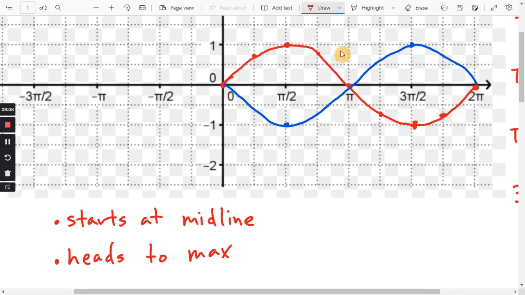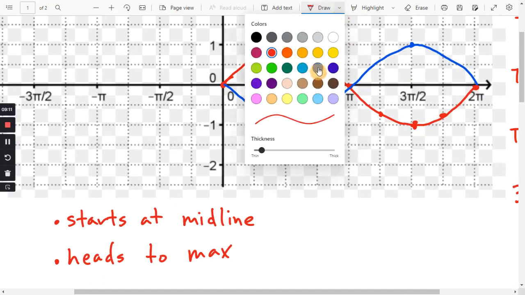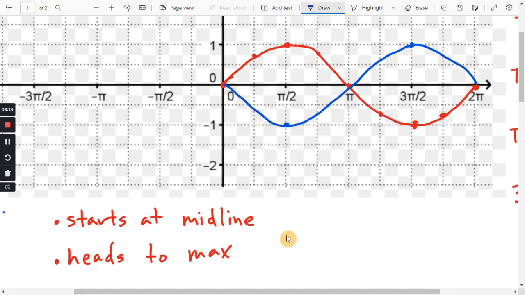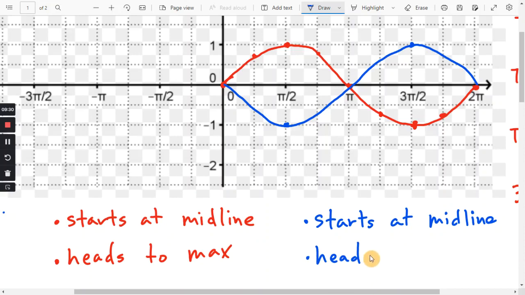All right, and then for y equals negative sine of x, it starts at the midline, and then it heads to the minimum. See, it starts here, and then it heads to the minimum point. So you're going to need to know that for some of the Khan exercises.